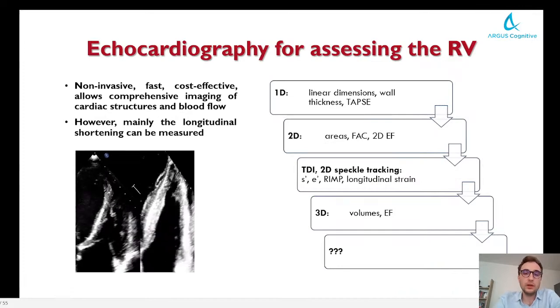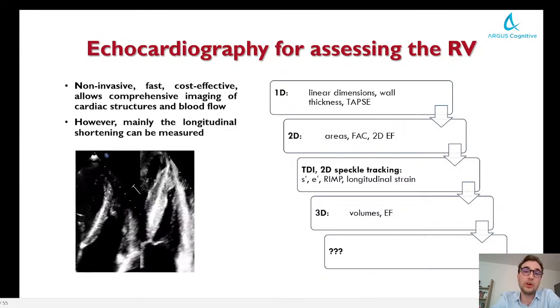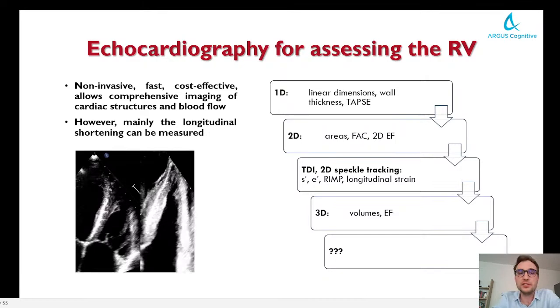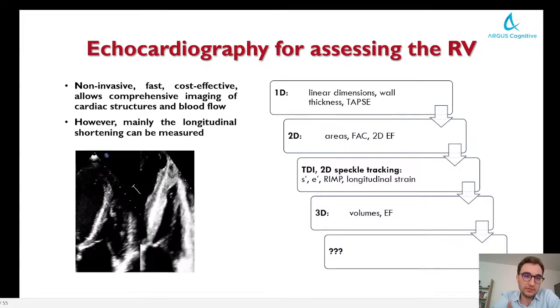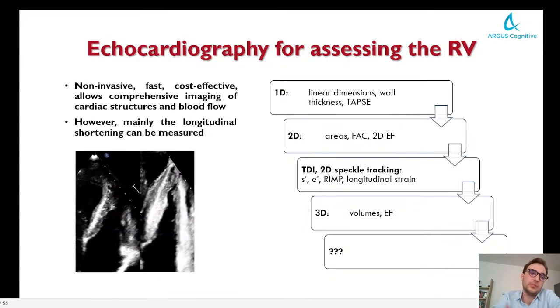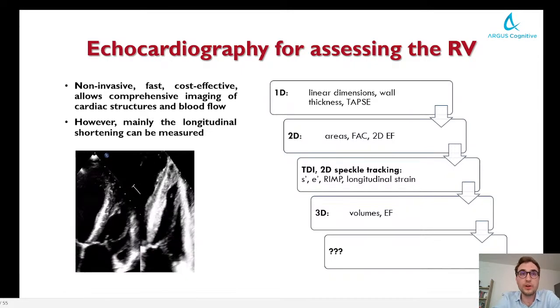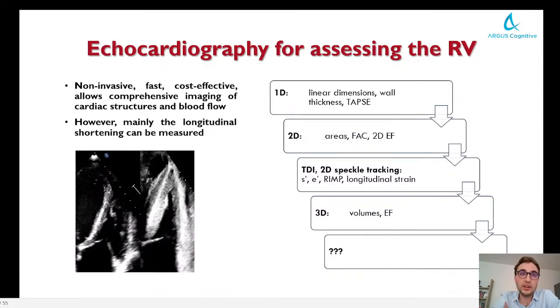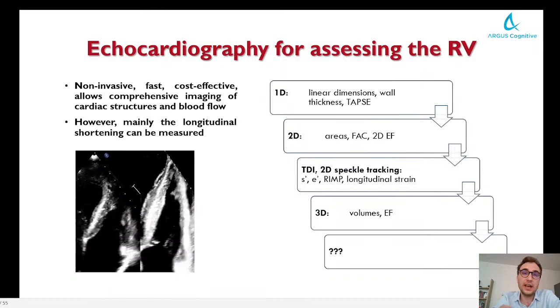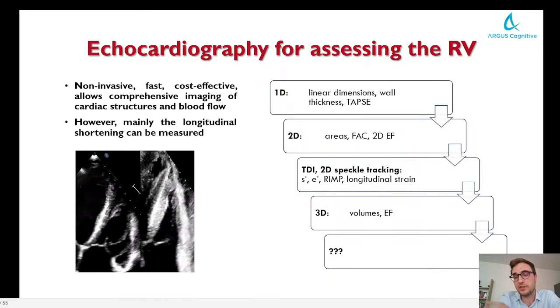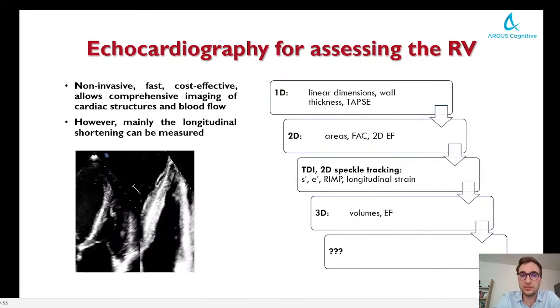So, what do we know about the echocardiographic assessment of the right ventricle? Echocardiography is the mainstay method for the assessment of the right ventricle, of course, and in parallel with advancements in echocardiography, more and more sophisticated parameters were introduced.